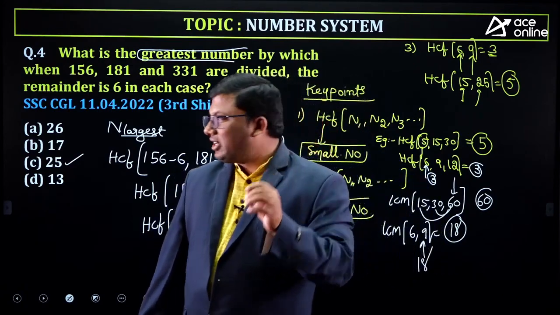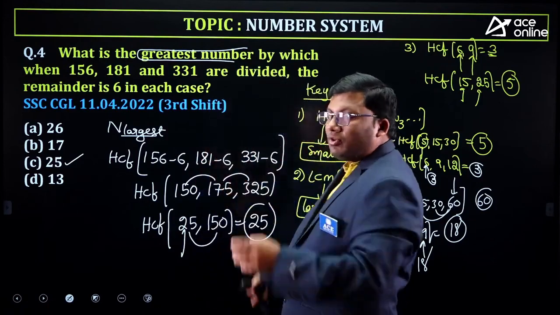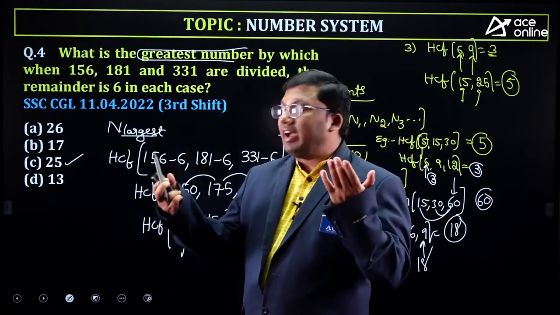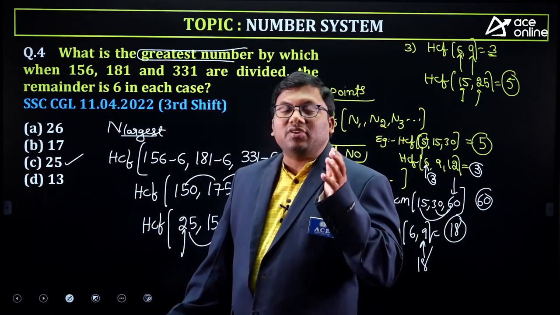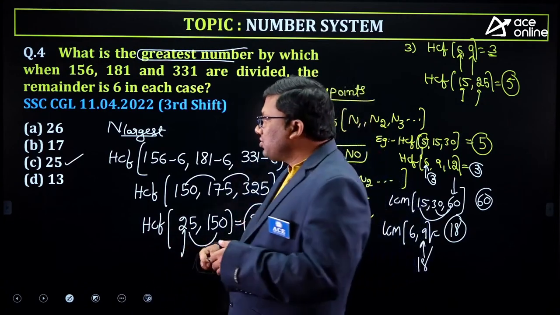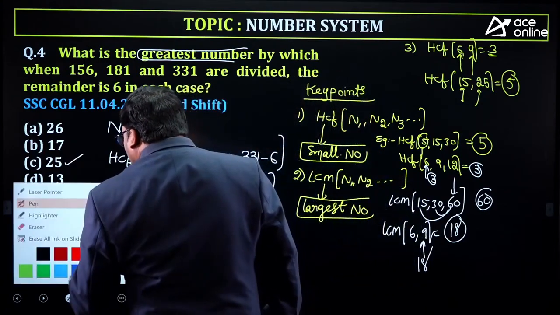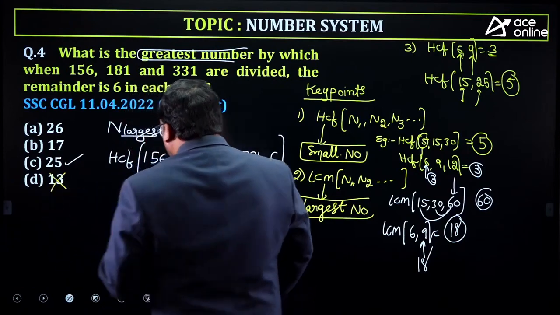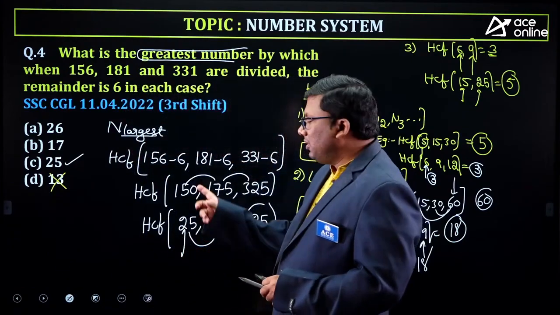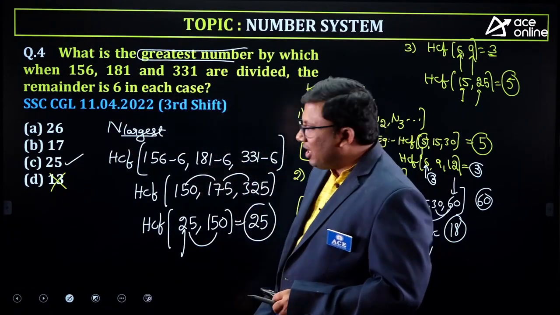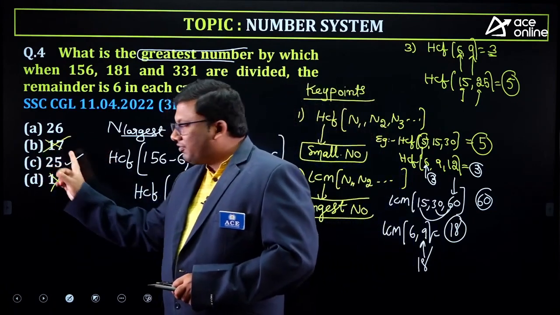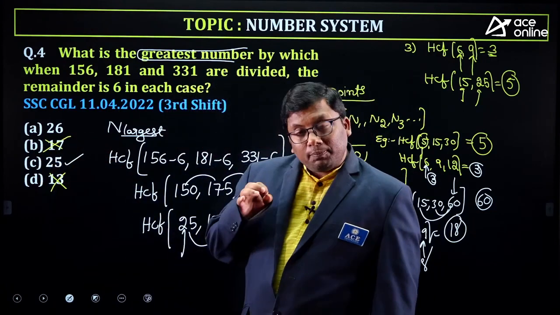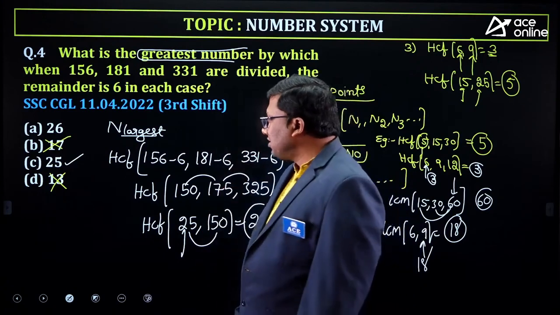Now with this understanding, without even solving the question, I can easily say the answer is 25 within 5 to 10 seconds. Sir, how? If the answer is 13, all the input numbers should be divisible by 13. 150 is not divisible by 13. If the answer is 17, all the input numbers should be divisible by 17.